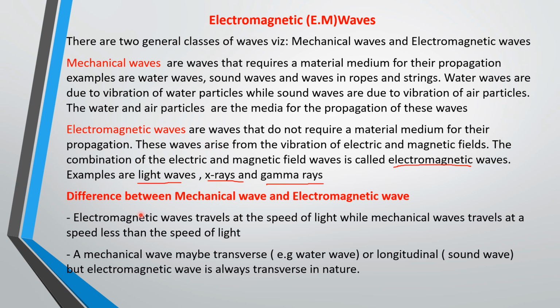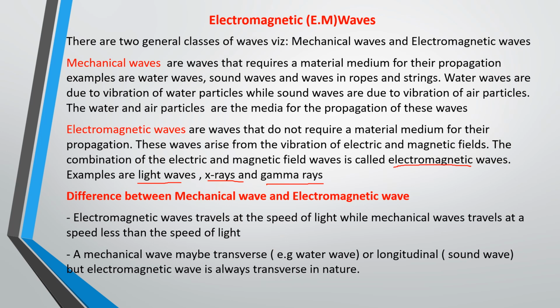So what are some of the differences between electromagnetic and mechanical waves? One of the key differences is that electromagnetic waves travel at the speed of light, while mechanical waves don't travel at the speed of light. Is that okay? They travel at a lesser speed than the speed of light. That is one of the critical differences.